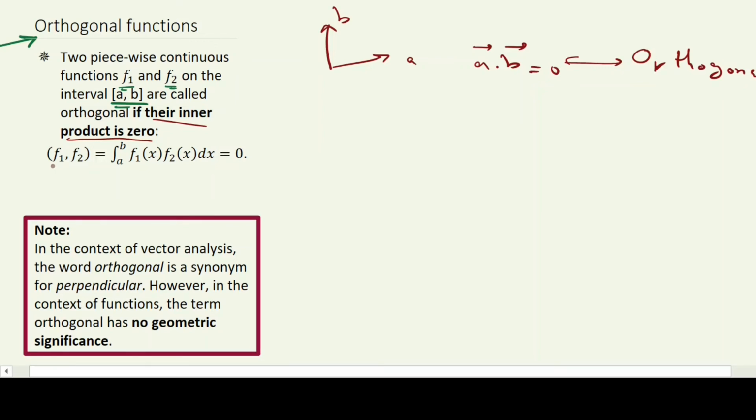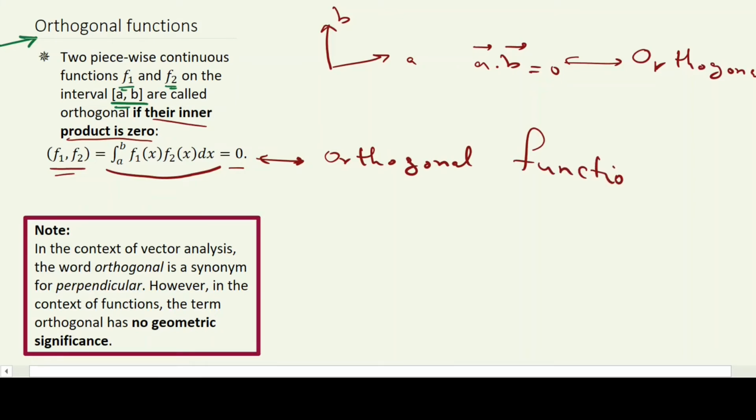So in other words, if the inner product of f1 and f2, which is this integral, is 0, then we call those two functions orthogonal on that specific interval, a to b. So it's very important again to emphasize here that this interval is very, very important.